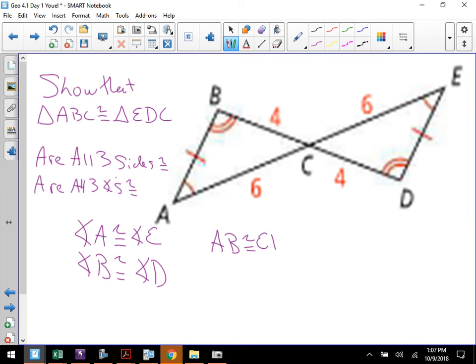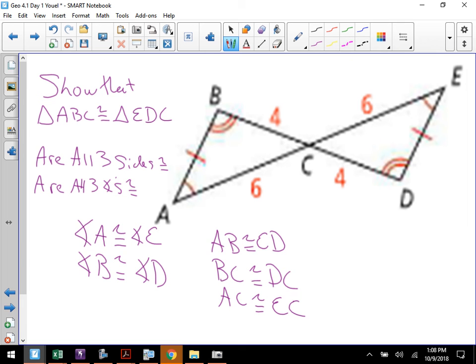Okay. Now what? BC. DC. You gotta go DC. You started out in, so you gotta go out in. Good. We know those are all congruent because they all have equal measure.